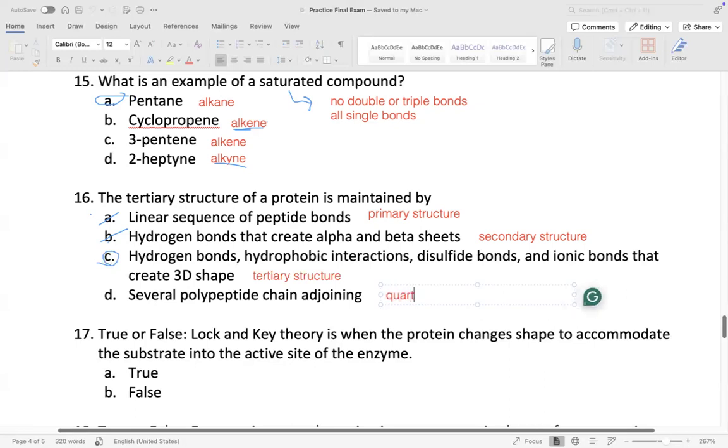That's your fourth level, called quaternary. Okay, so quaternary structure is when multiple chains come together. So if this question would have said primary, I would have chosen A. If it would have said secondary, I would have chosen B. It said tertiary though, so the correct answer is C. Any questions?